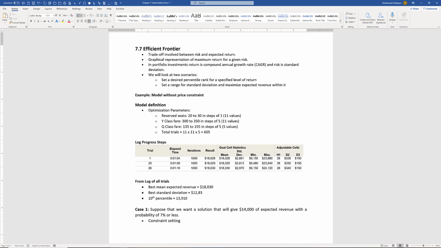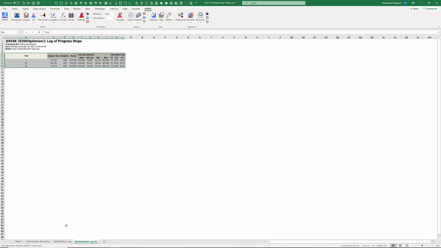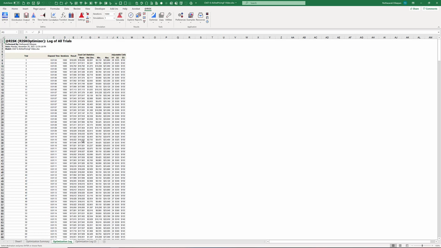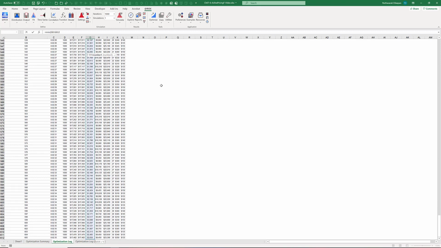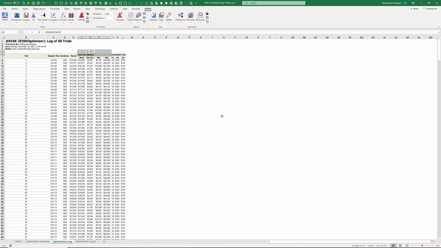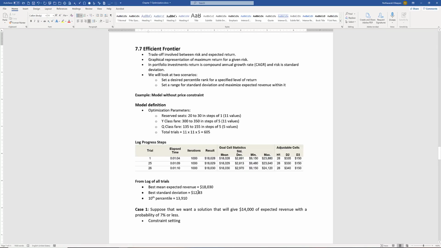So let's go back to the entire log, and now the best standard deviation. So if you look at the minimum value of standard deviation of all the 605 trials, you get 1273.